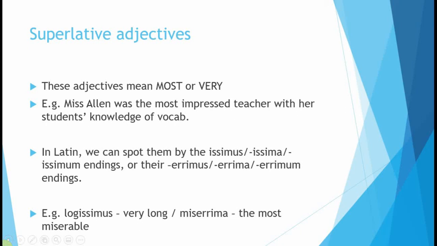So Miss Allen was the most impressed teacher with her knowledge of students' vocabulary, or Miss Allen was the worst teacher because she didn't go through third declension adjectives with her students. So the most or very, okay, for superlatives.